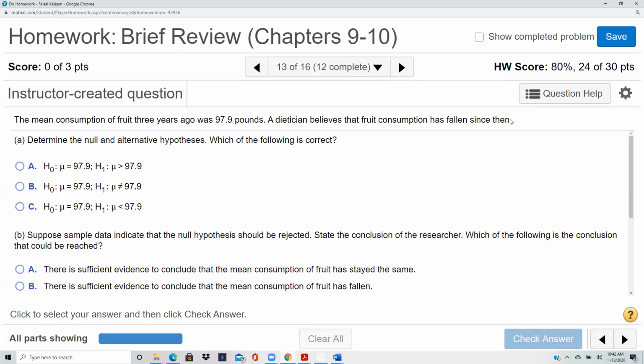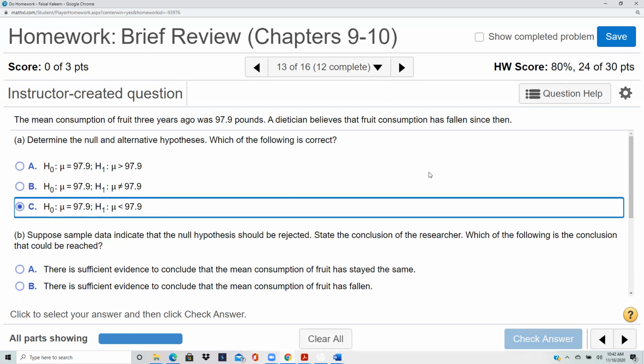C, right? Fallen means less than. Okay. Here you don't have to do any stat crunch. You just have to answer concept questions.